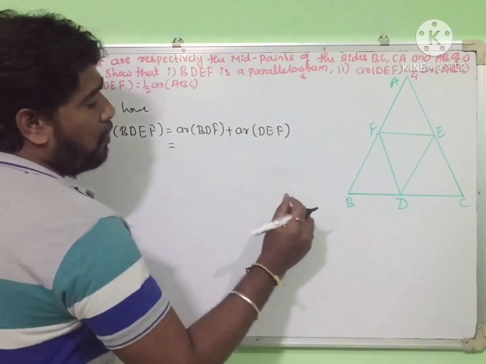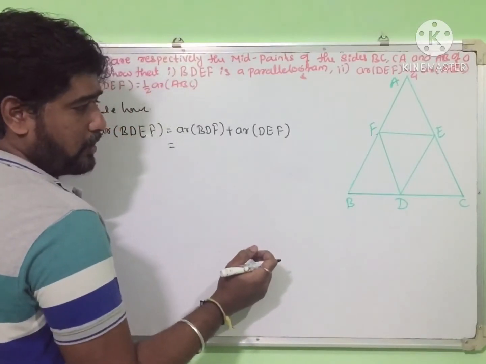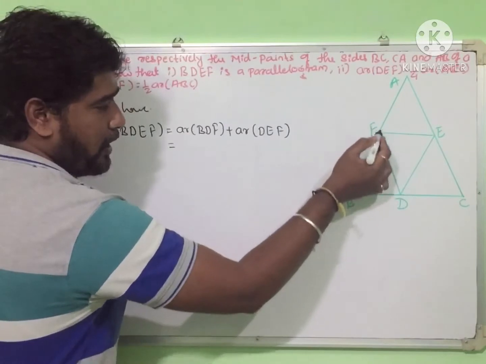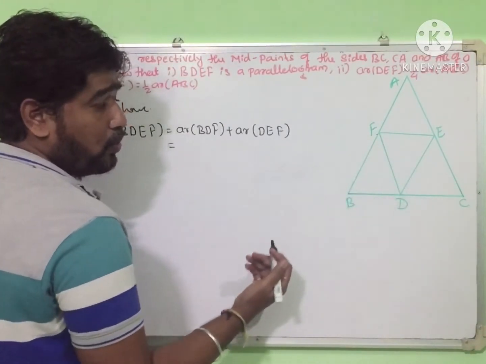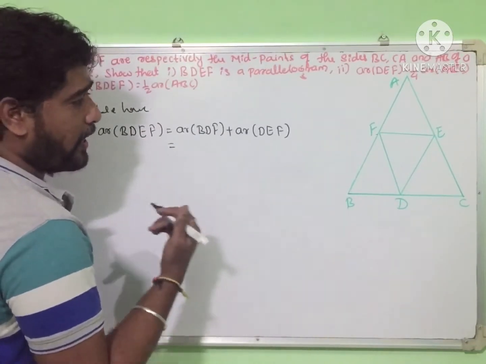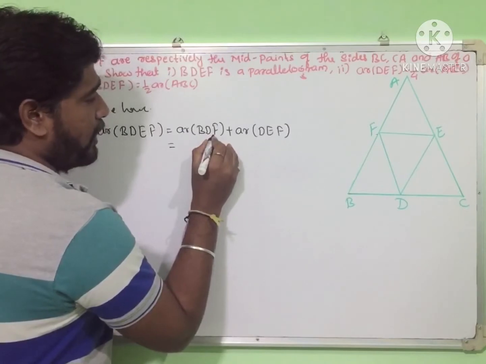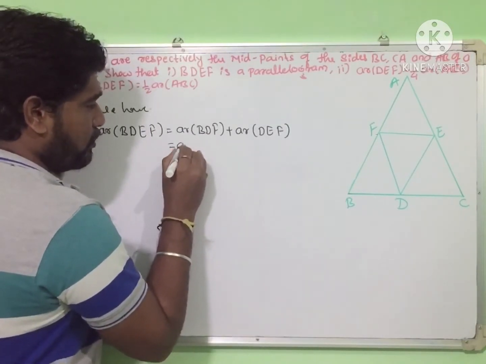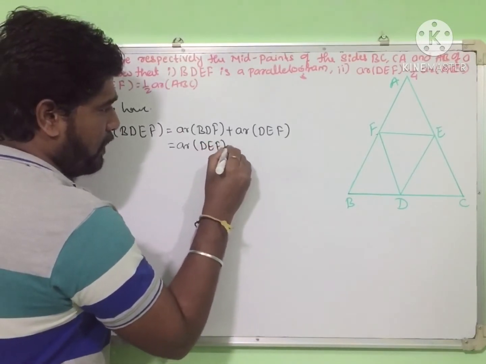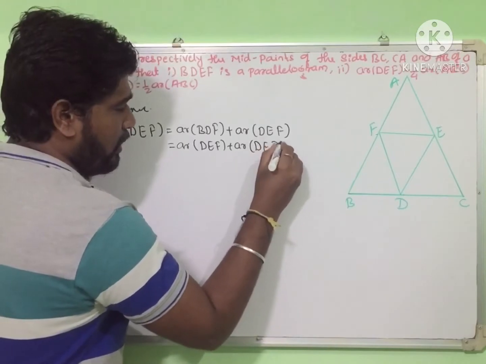Now we also know that these two are equal in their areas because BDEF is a parallelogram and the diagonal bisects it into two congruent triangles, which are equal in their areas. So instead of BDF we can write DEF only. So area of DEF plus area of DEF.